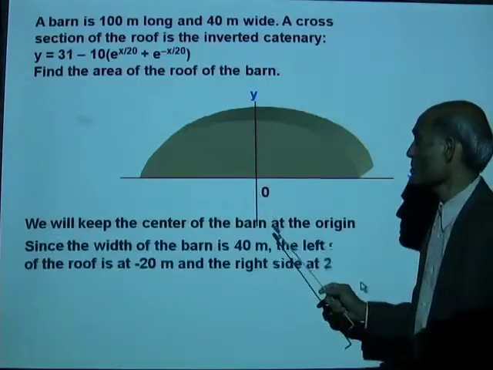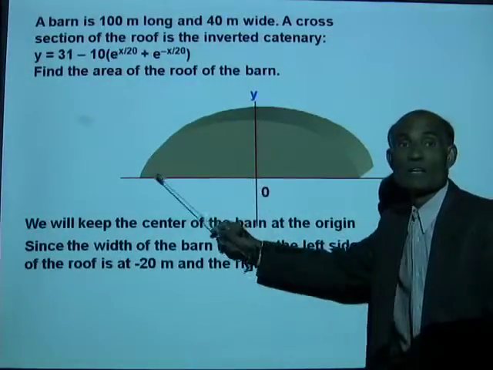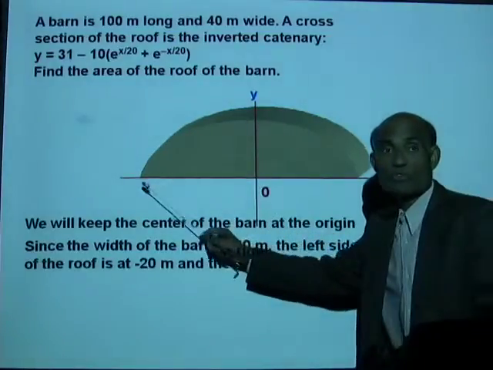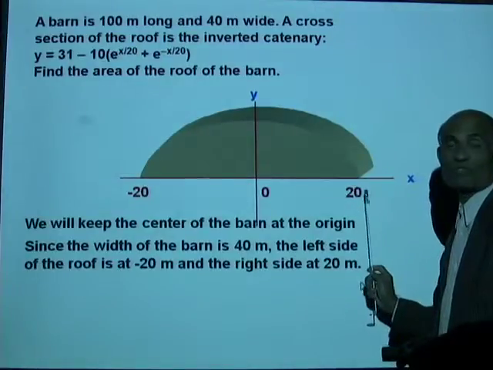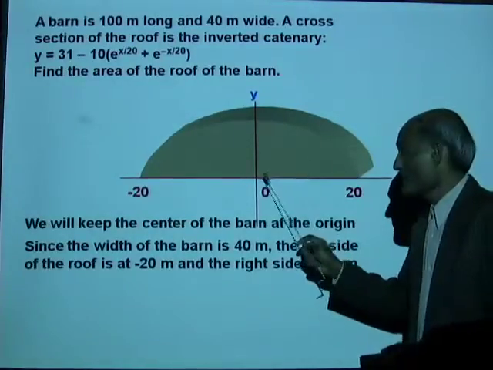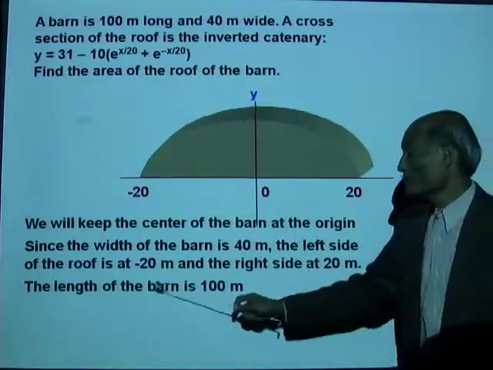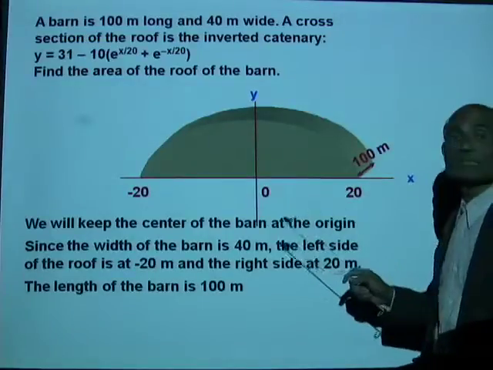So that's the origin. Since the width of the barn is 40 meters, that means this will be negative 20 and that will be positive 20. Is that right? That's the advantage of taking the origin at the center. Now, the length of the barn is 100 meters.